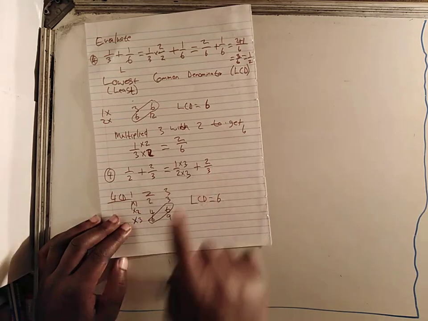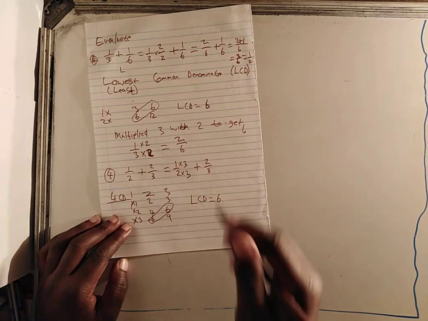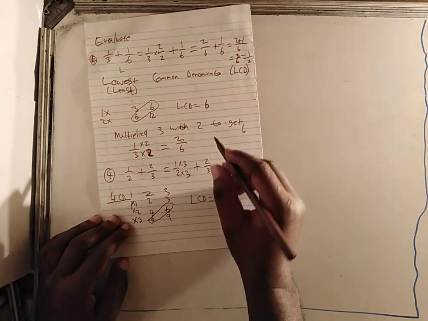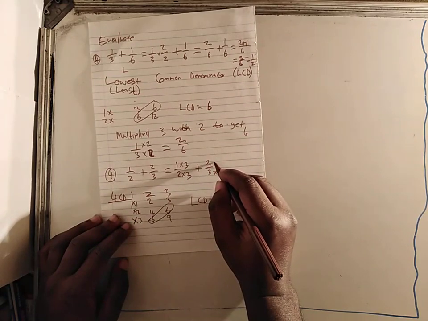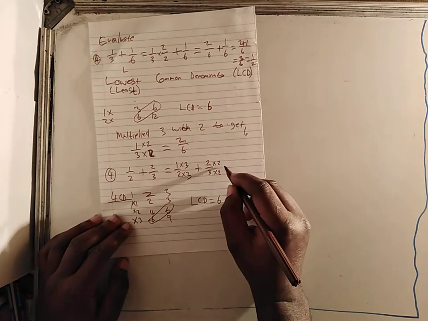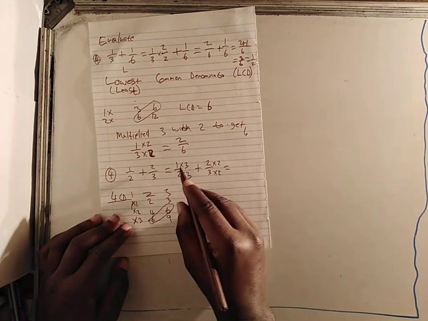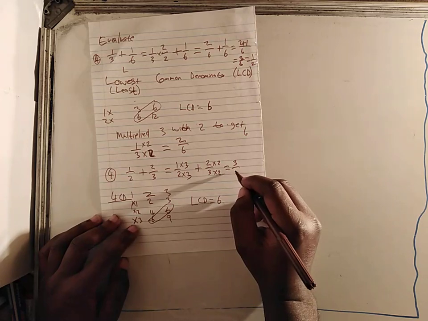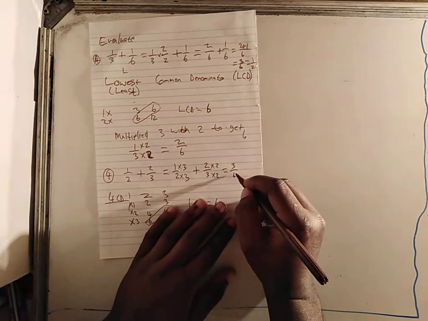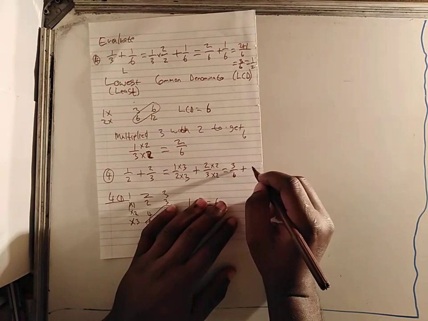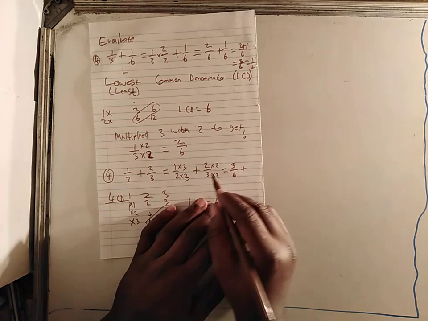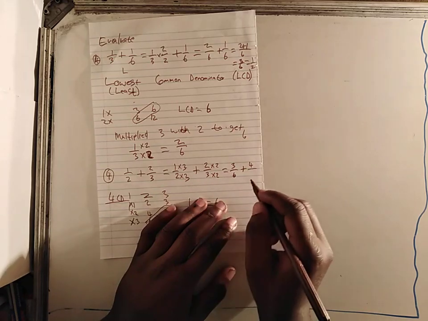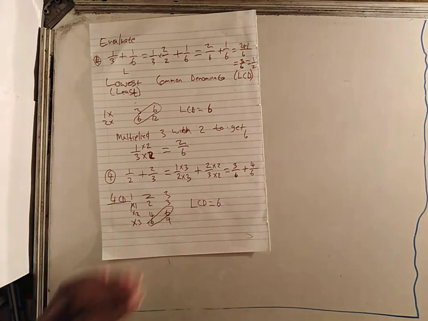How do I make this 6? I multiply it by 2, and because I must do it on top as well so the number won't change, I say times 2 as well. So I end up with 1 times 3 is 3, 2 times 3 is 6, plus 2 times 2 is 4, and 3 times 2 is 6.